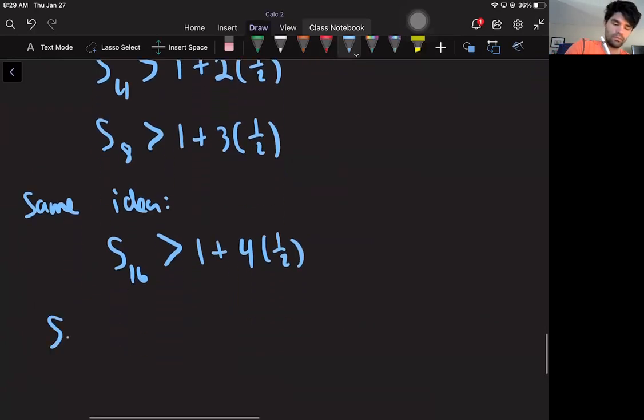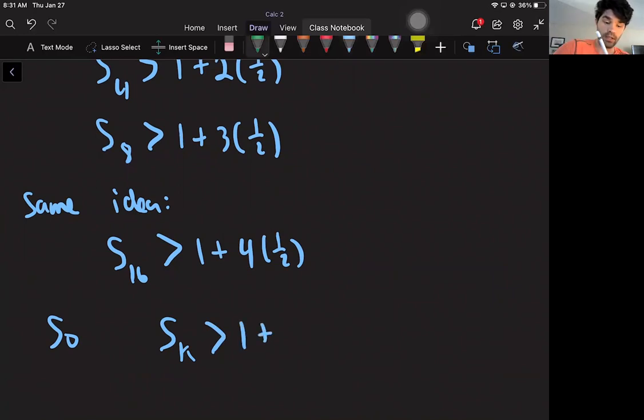So SK is going to be bigger than 1 plus. So it's a bit tricky because this 16 is not the same as this 4, but they are related.